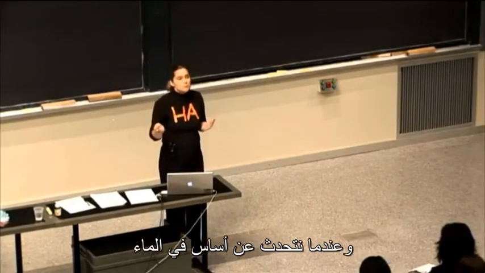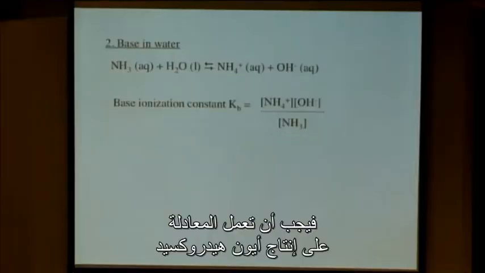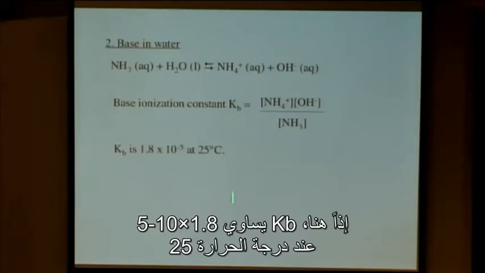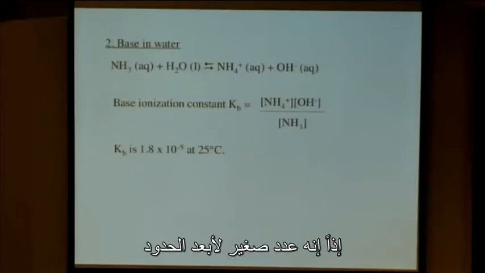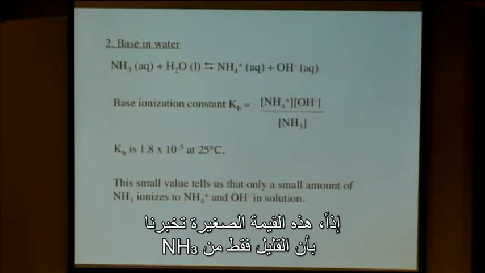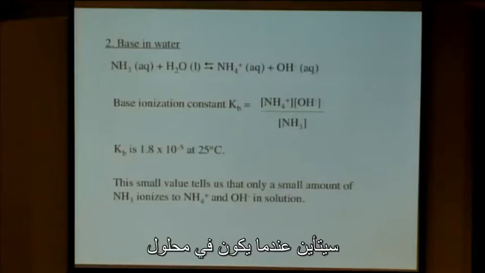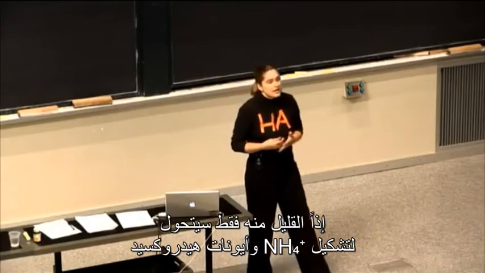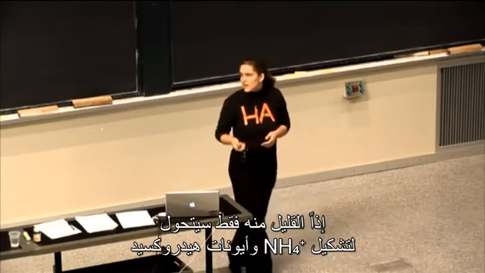So we have a Kb when we're talking about a base in water. And when we're talking about a base in water, the equation should work that you have hydroxide ions on one side of it. So here the Kb is 1.8 times 10 to the minus 5 at 25 degrees. That's a fairly small number. The small value tells us that only a little bit of the NH3 is going to ionize when it's in solution. So only a little bit is going to form NH4+ and hydroxide ions.